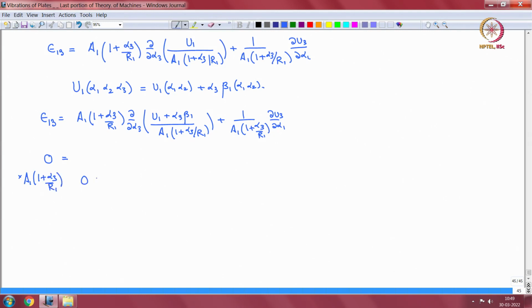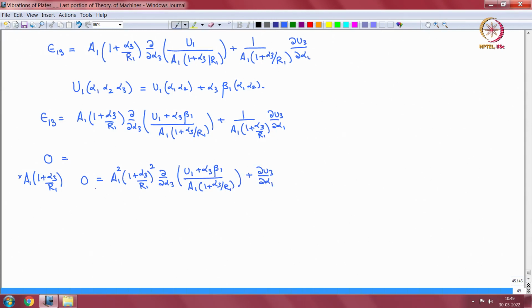So I get 0 is equal to A1 squared (1 plus alpha 3 by R1) whole squared del alpha 3 of U1 plus alpha 3 beta 1 by A1 (1 plus alpha 3 by R1), plus del U3 by del alpha 1.